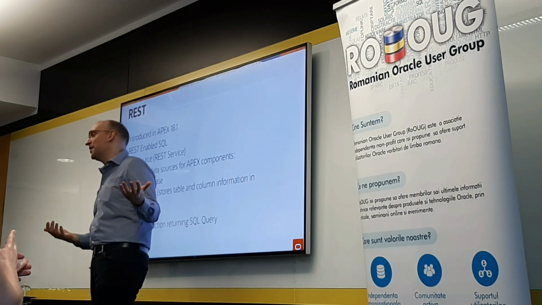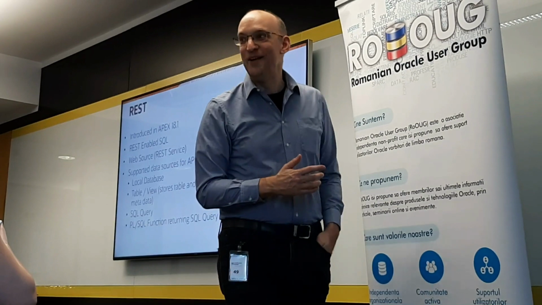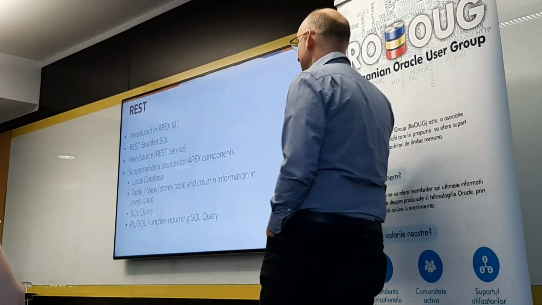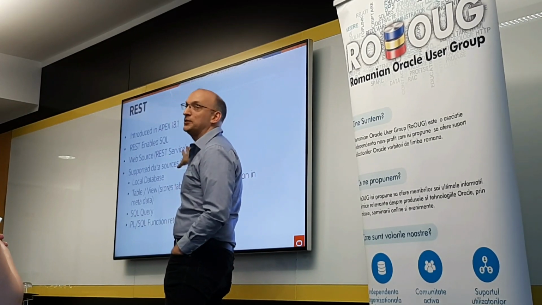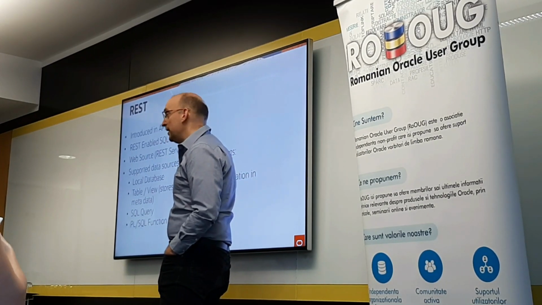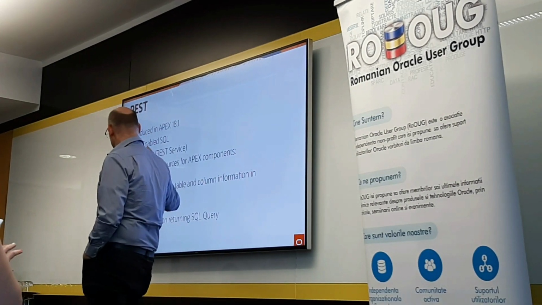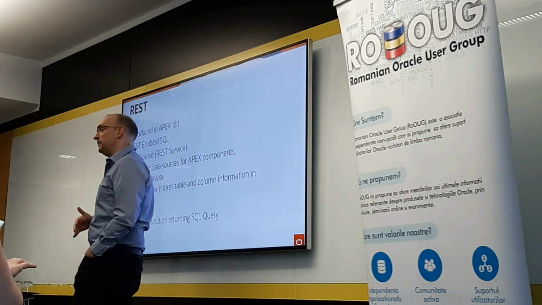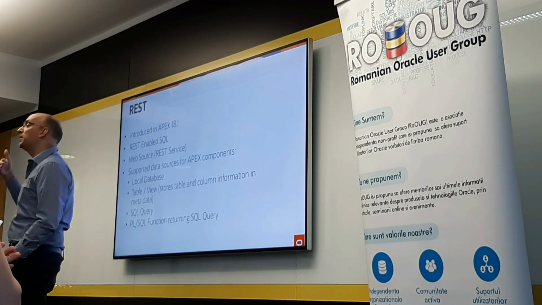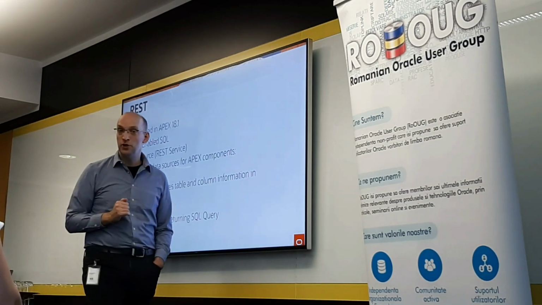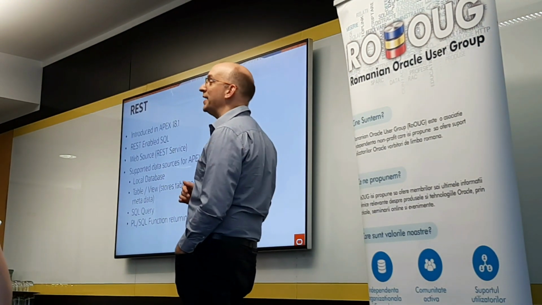I won't have time to demo it today, otherwise Peter will become upset if I steal all his time. But the interesting thing is you have a web source that's a declarative reference to an external RESTful service. And in Apex components like reports and forms, these web source modules are similar to a table or a SQL query. Components can be created directly on top of the external RESTful service reference, making development with RESTful services way easier.